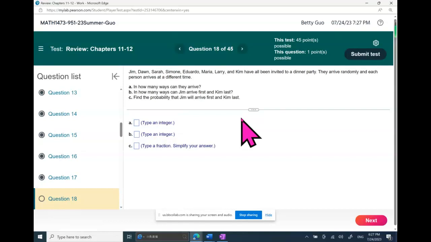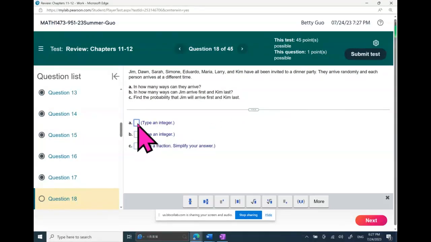Part 1, in how many ways can they arrive? The order of their arrivals matters, so it's a permutation. 8 people, P 8,8, or 8 factorial. Let me double check one more time how many people are there. 1, 2, 3, 4, 5, 6, 7, 8. Yes.